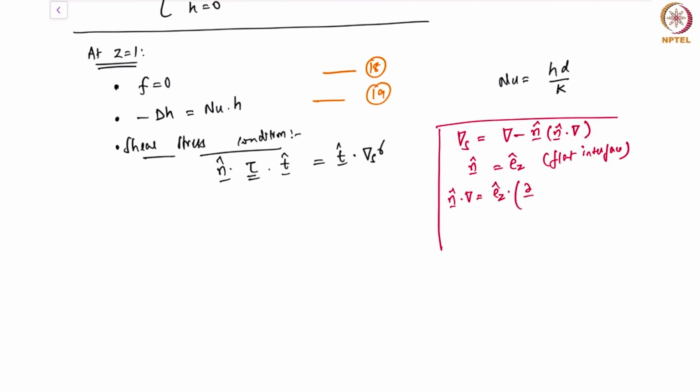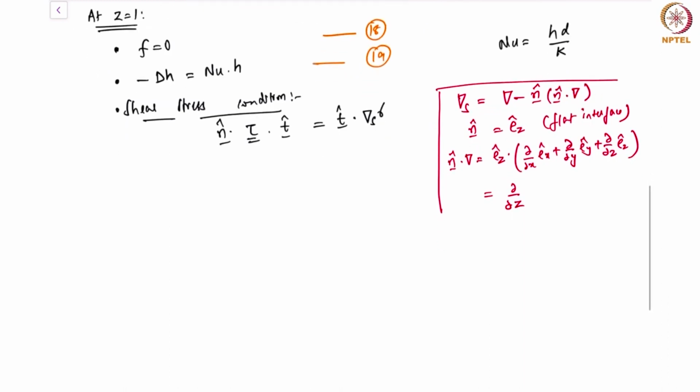The del operator is nothing but del by del x of Ex plus del by del y of Ey plus del by del z of Ez, and this simply gives me del by del z, that is n dot del, right?